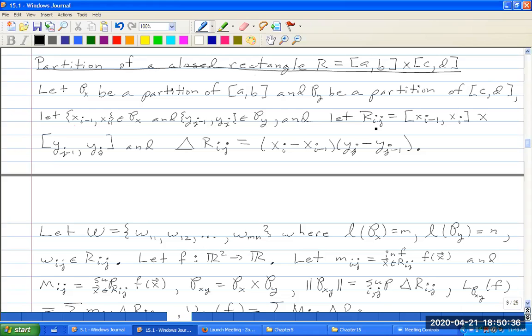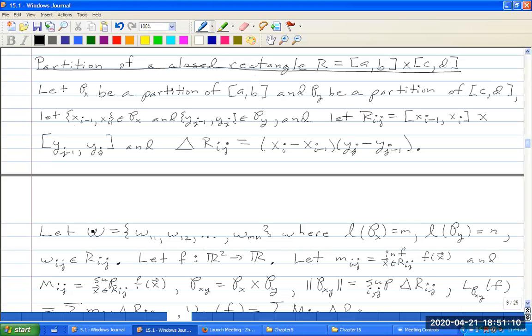Delta r sub ij is going to be, instead of a length, a two-dimensional length, meaning the area of a rectangle, length times width. And so delta r sub ij is equal to the product of x sub i minus x sub i minus 1 times y sub j minus y sub j minus 1.